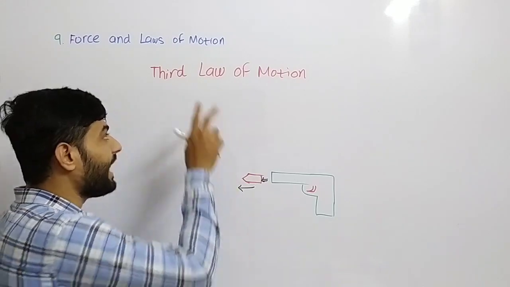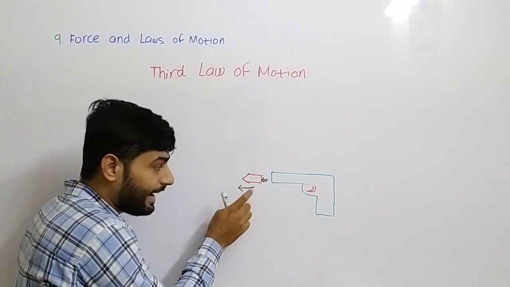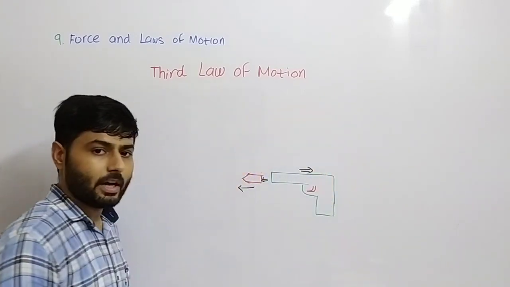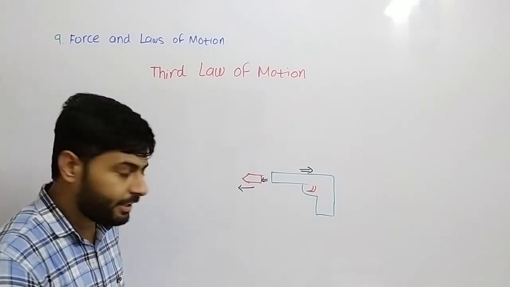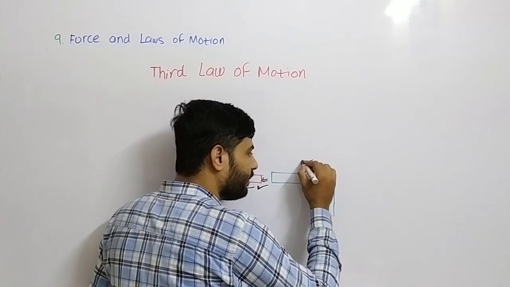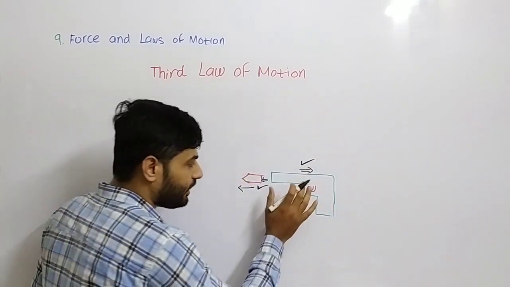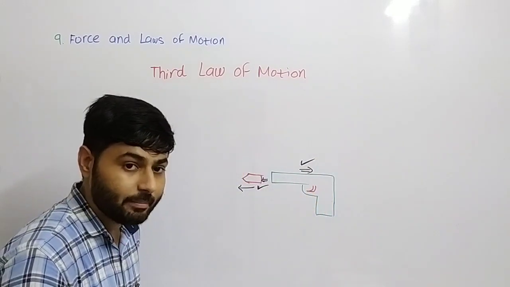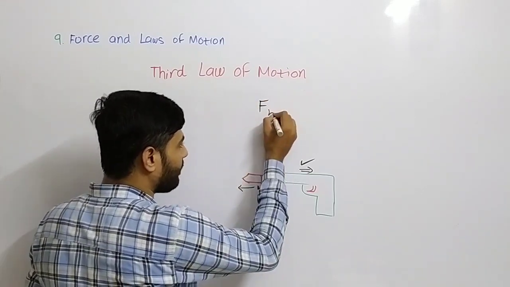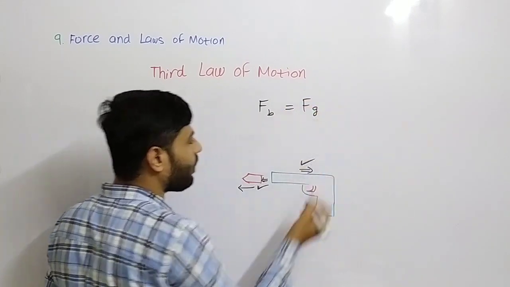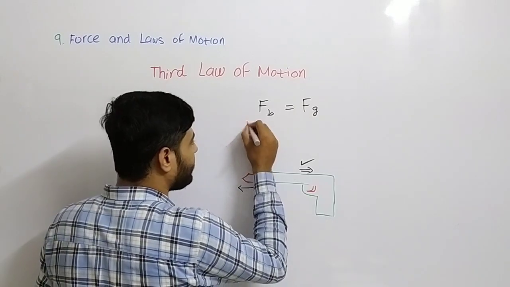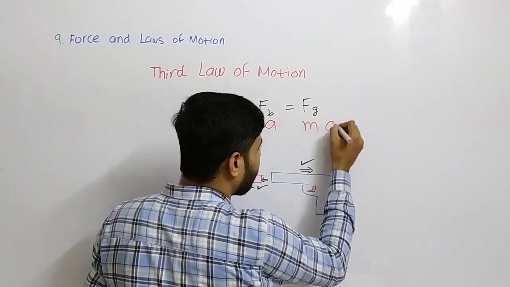At that time, by the third law, this bullet exerts force on this gun, and the magnitude of the force on the bullet and the magnitude of the force on the gun are the same. So here I say F on bullet is equal to F on gun, which means F is equal to ma.